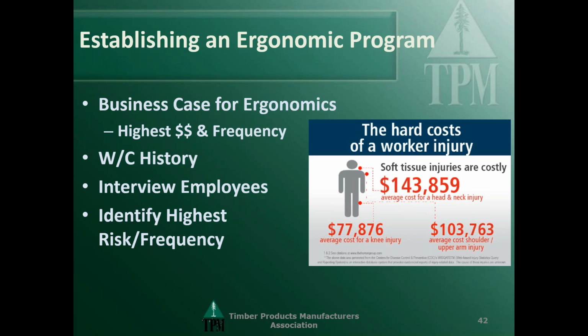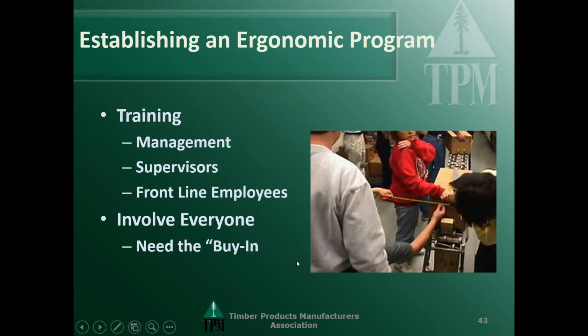They may not all be large dollar ones, but man, when they go bad, something they've had issues with for a year or two, those ones are massive dollar amount ones. So look at your workers' comp history and interview the employees again, because you're going to find out really quick, either from your injury history or from employee complaints, where your highest risk or your frequency are. And so it gives us a great starting point.